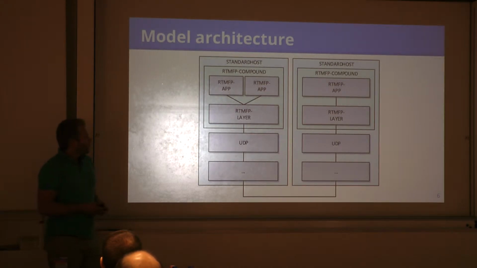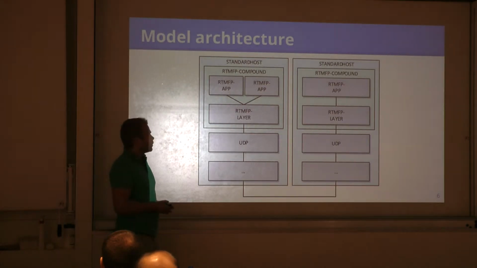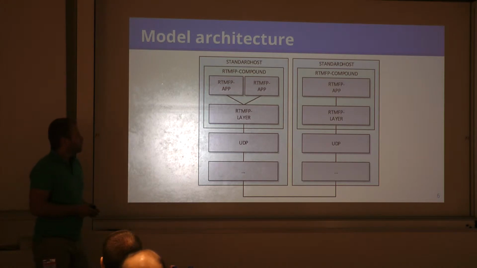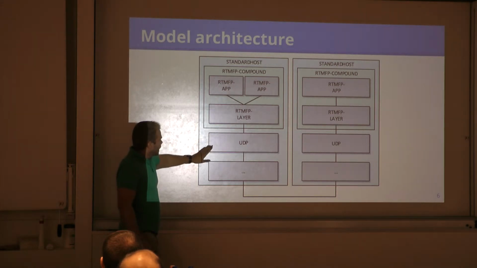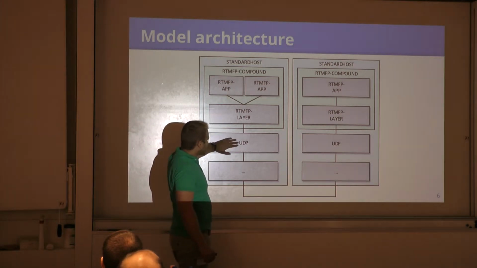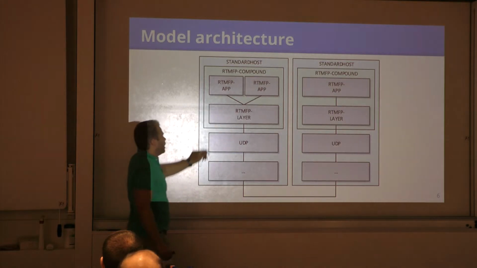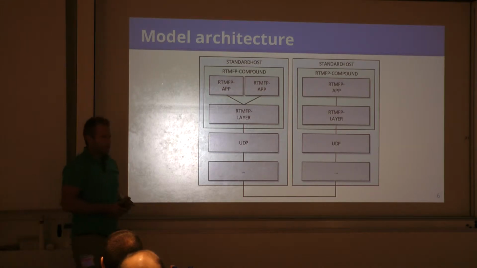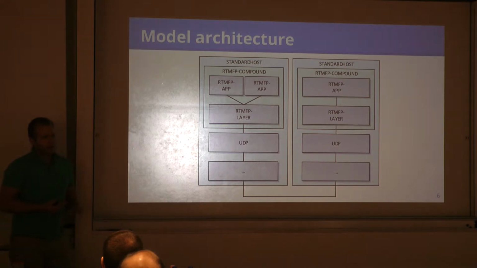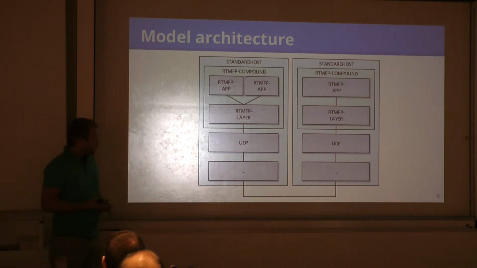So we took the RFC and we built our model in OMNeT INET, and this is our architecture. We have the UDP layer, and on top we have the RTMFP layer, where all the logic of the protocol is implemented. For example, connection establishment, session handling, flow handling, all the queues.